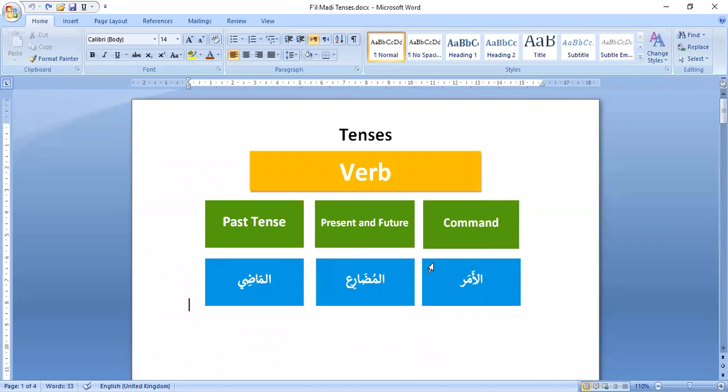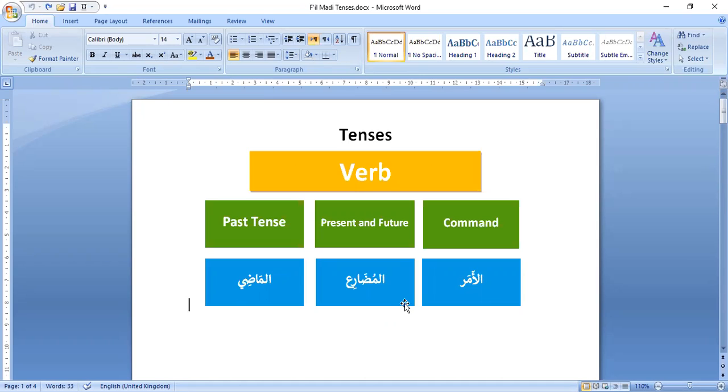But the reason I kept it separate is because it's going to be three different lessons. You'll have a full lesson on Madi, a full lesson on Mudari, and a full lesson on Amr. Does everyone understand that? One more time, try to remember it. Madi is past tense, Mudari is present and future, and Al-Amr is command.